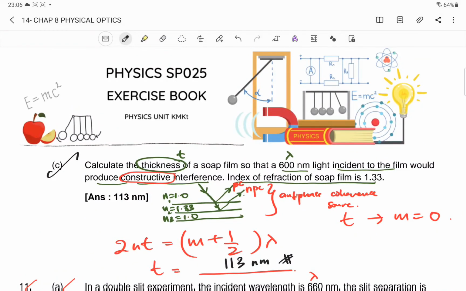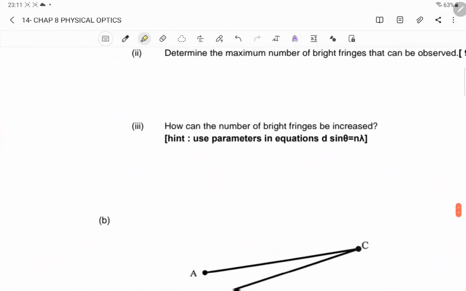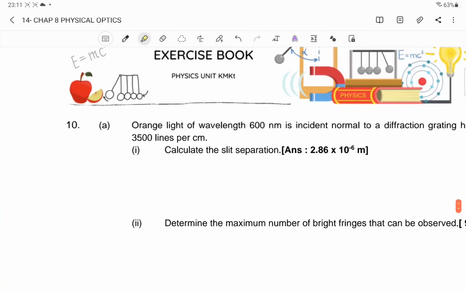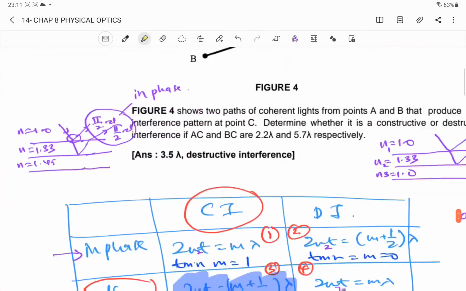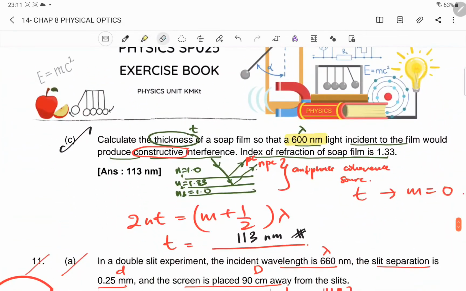Cakap apa? Calculate the thickness. Okay, ni dah ada. So this one is number berapa ni? Okay, number 10, number 10 c.